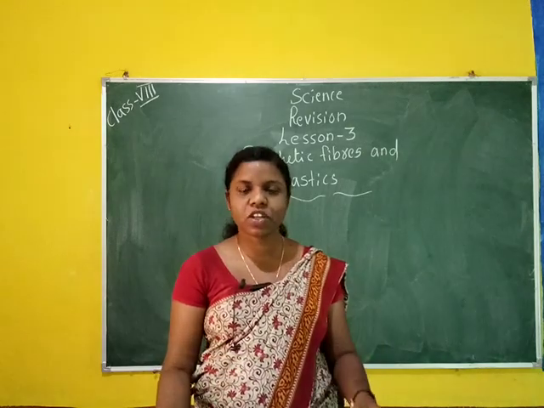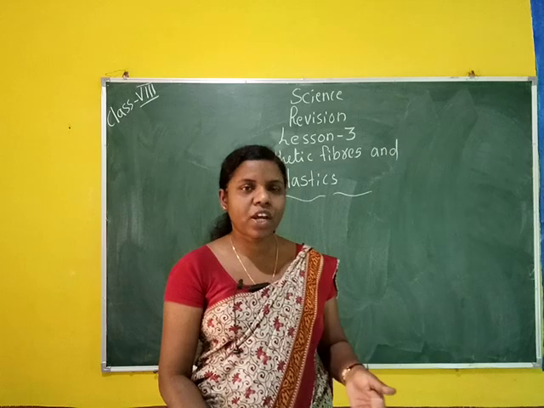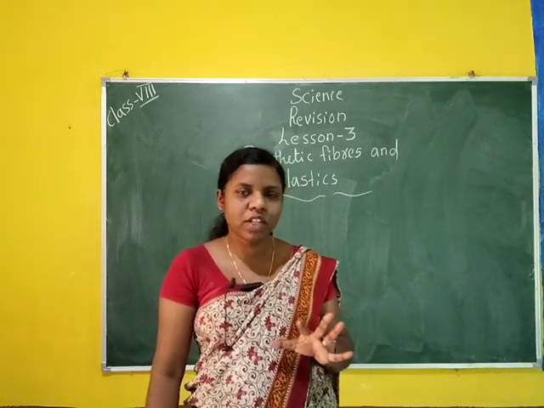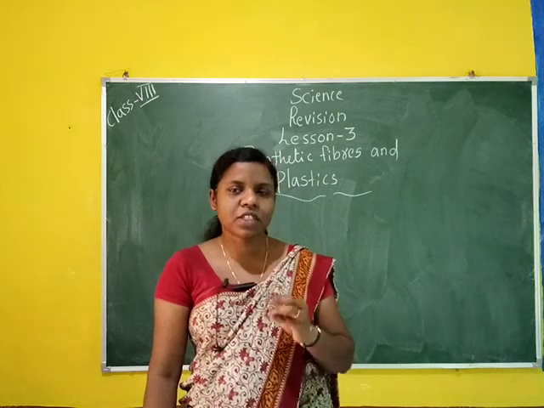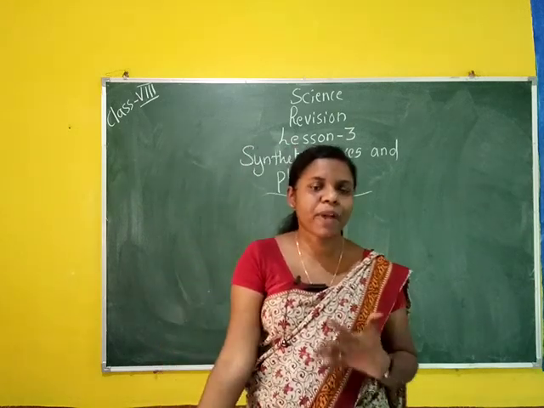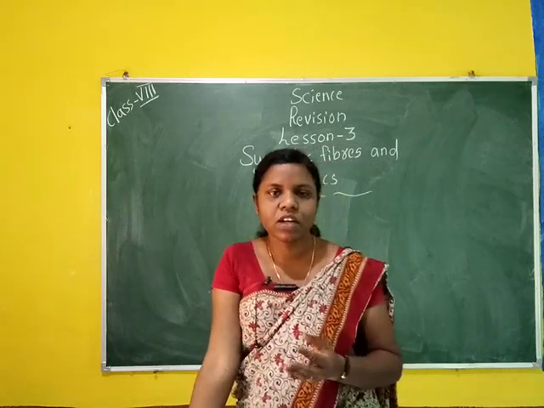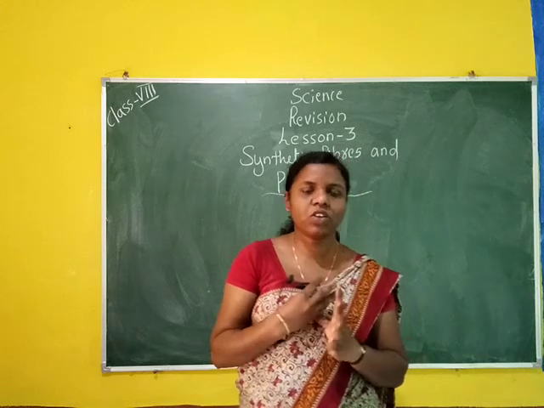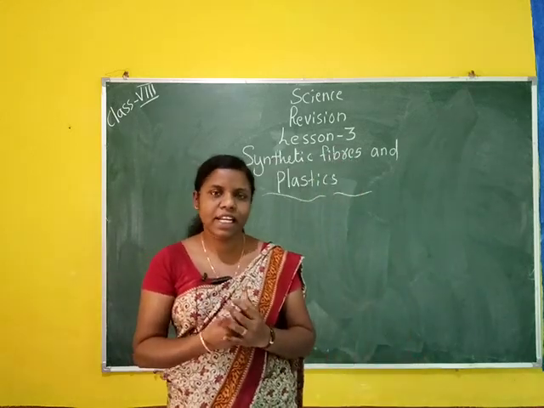That means plastic does not react with food items, chemicals or other materials. We store food items, chemicals, medicines and other items in plastic containers and bottles. That means plastic is non-corrosive in nature.